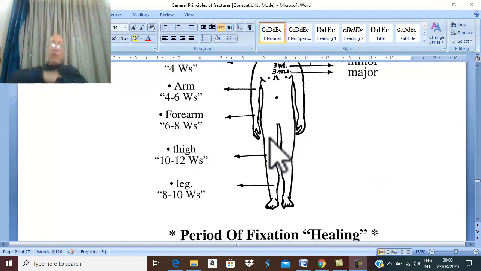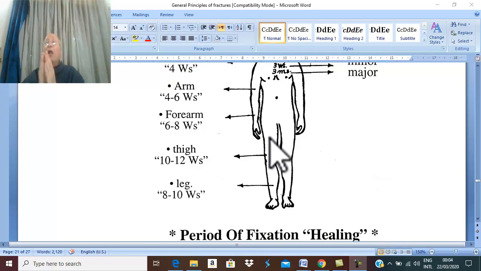Then we apply the plaster cast, which should be accurately molded to the limb, not too tight, not too lax. And the fixation should include the joint below and the joint above the fracture to fix the fractured bone.